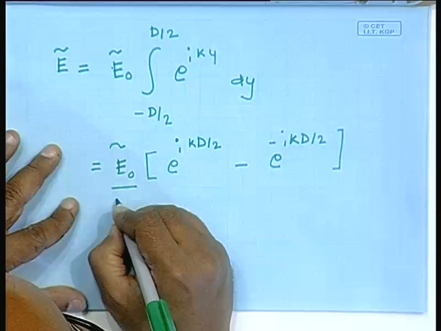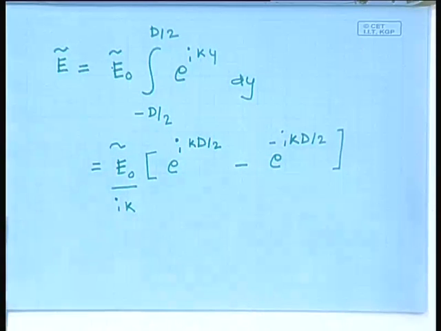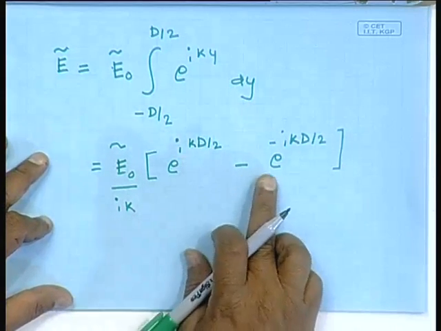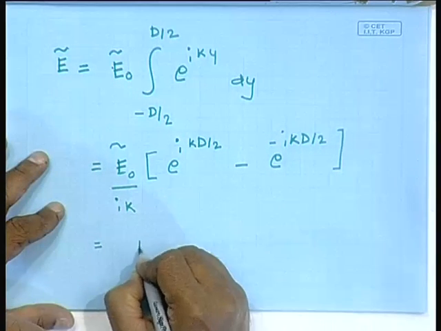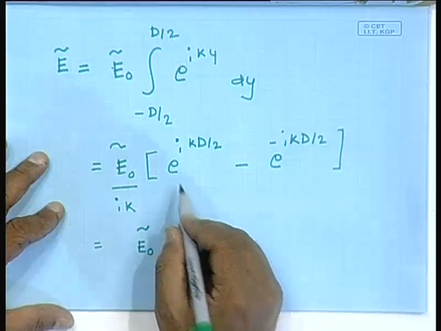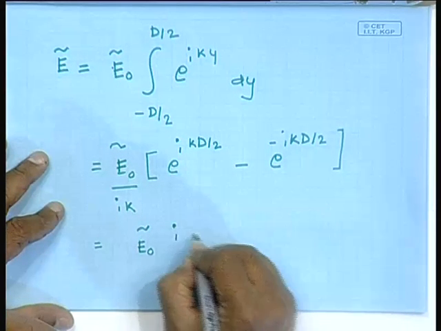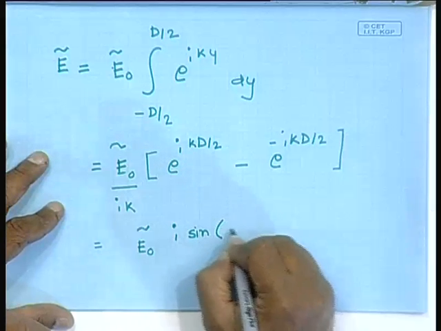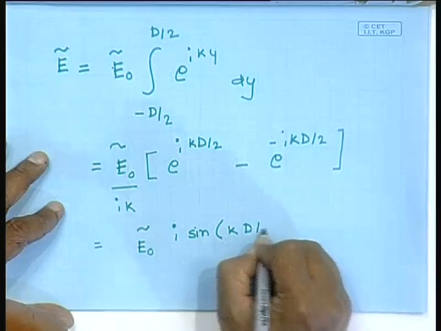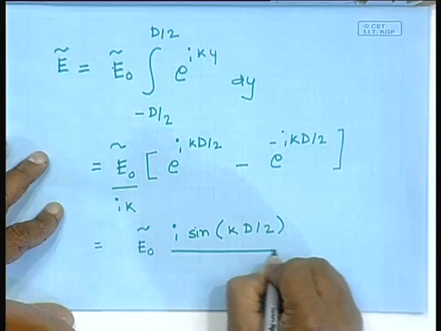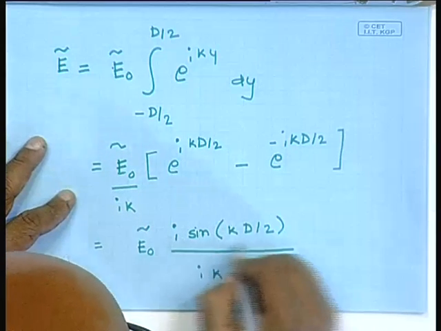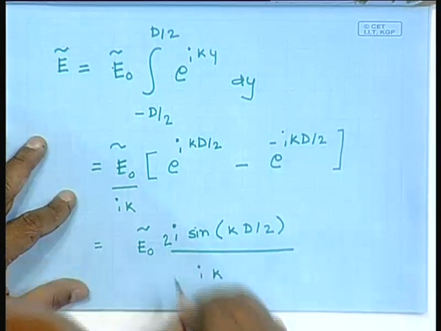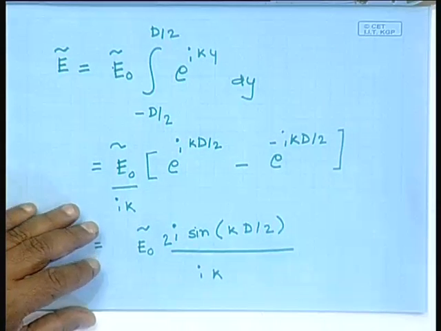We know that e to the power i k d by 2 minus e to the power minus i k d by 2 is going to be 2 i sin k d by 2. So, this gives E naught tilde times 2 sin k d by 2 divided by k.